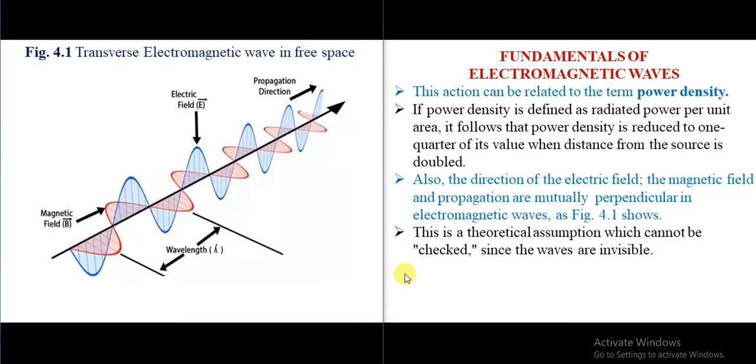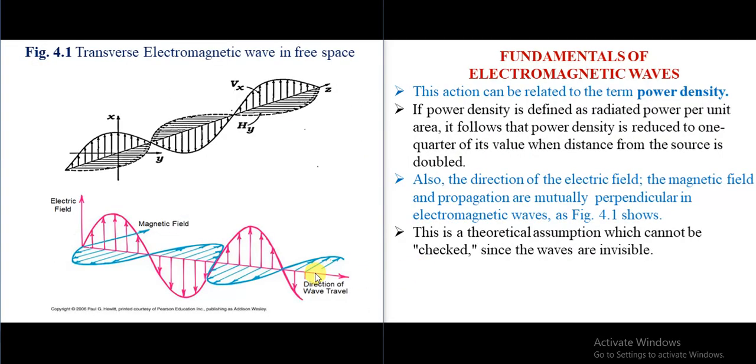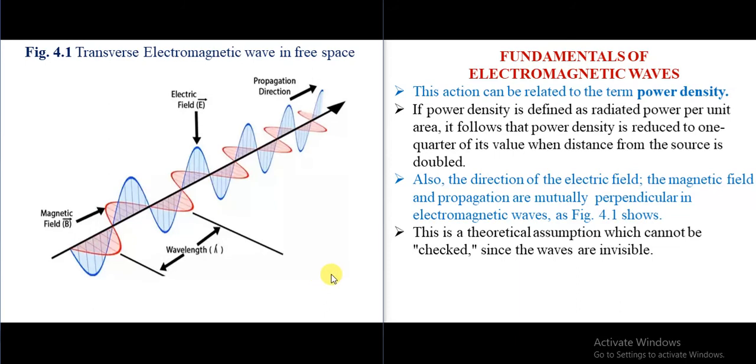So this is a theoretical assumption, this diagram and this diagram. It is a theoretical assumption, and it cannot be checked or verified since the waves are invisible. But practically we can confirm that the electric field, magnetic field and the wave propagation direction are mutually perpendicular to each other.